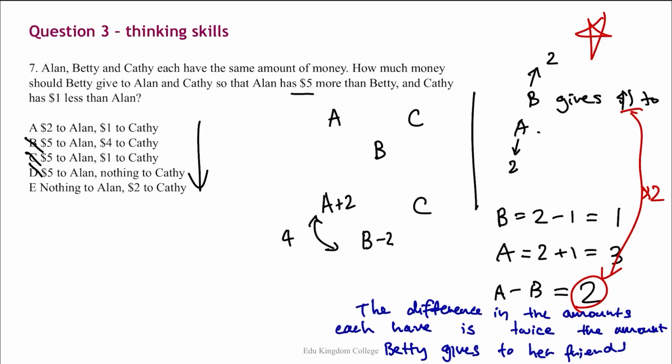Well, guys, because the question says I have to give to Kathy as well. Okay? Meaning that, since so far I didn't give anything to Kathy, let's actually give, following the option, $1 to Kathy. If I give $1 to Kathy, to me, who, let's say I'm Betty, if I'm already $2 down, if I give one more dollar to someone, I'd be B minus 3, meaning that I'm down 3 of what I used to be.